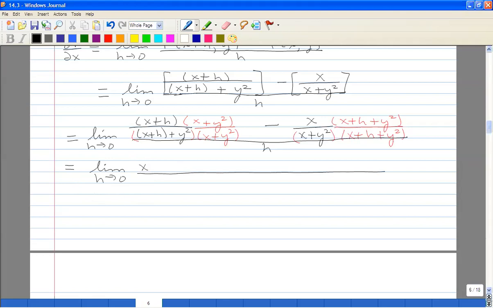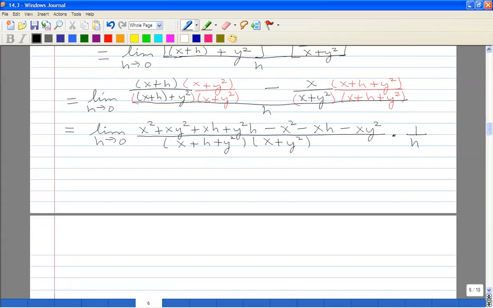So this is x squared plus xy squared plus xh plus y squared h minus x squared minus xh minus xy squared over x plus h plus y squared, x plus y squared, times 1 over h.